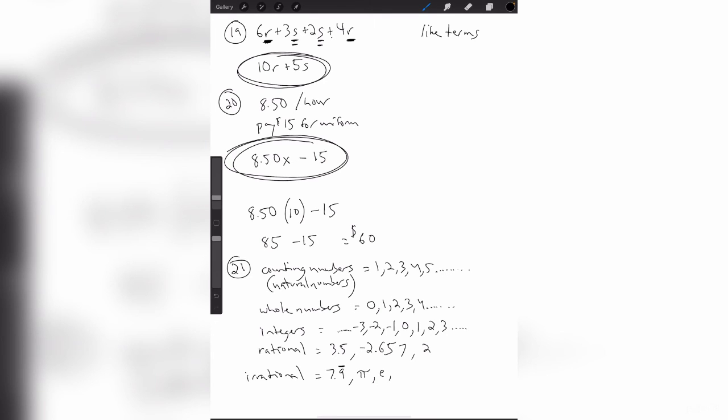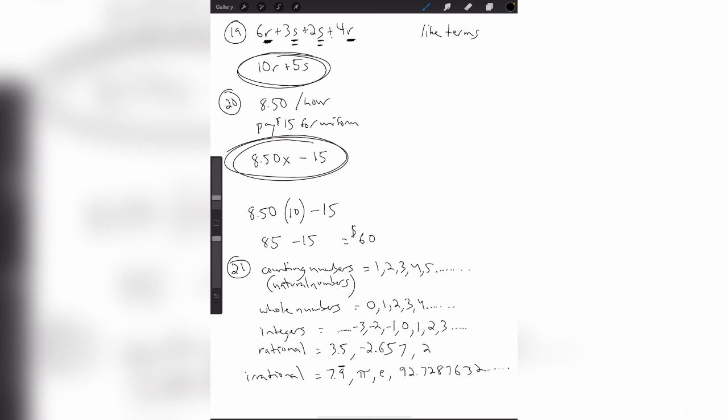Or just a made-up number, like 92.7287632, and then it just keeps on going and it never ends. Irrational numbers never end. So these are all different types of numbers.